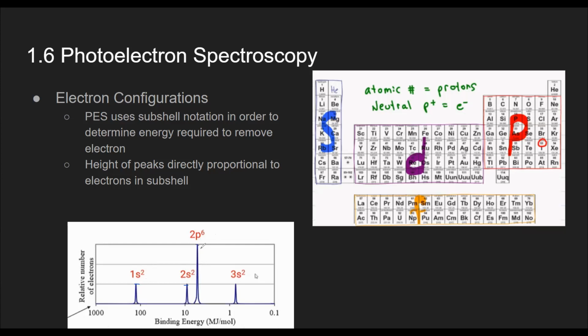And then P subshells are much higher than that. And basically this diagram of the periodic table just shows what you're going to use for S, P, D, and F. And He is also part of the S subshell. That's shown over here. So yeah.